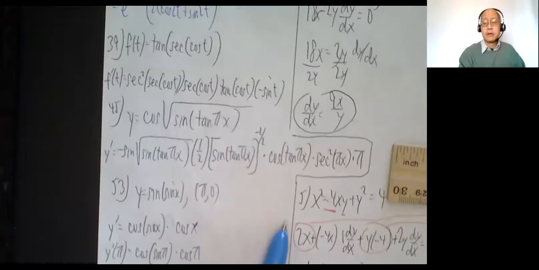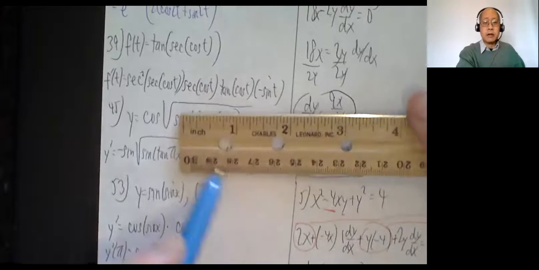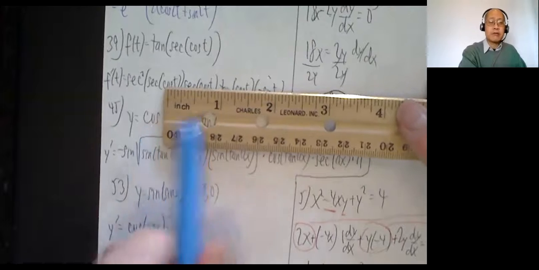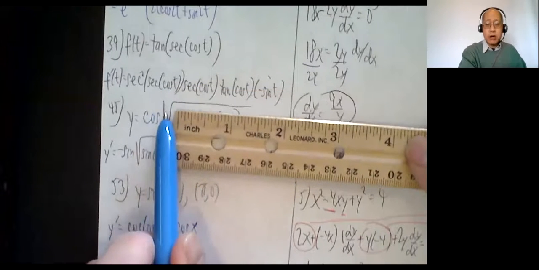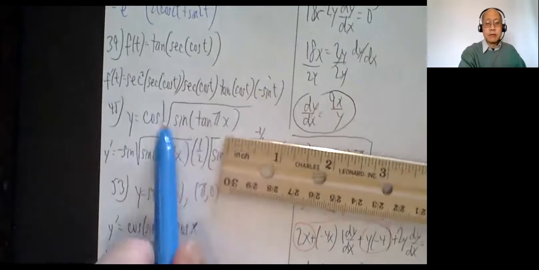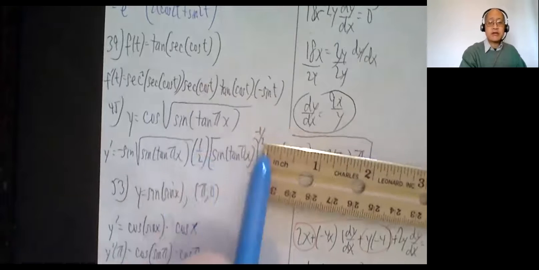It's a mess, but you think of it strategy-wise. Start with the outermost function, cosine. Take that derivative, copy all the inside stuff. Then I'm finished. Then the next function, square root. How do I take the derivative of square root? Remember, it's like blah, blah, blah to the 1/2. So 1/2, copy all the inside stuff to the negative 1/2.